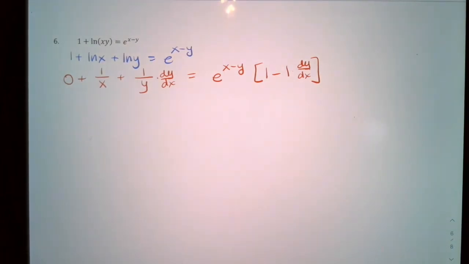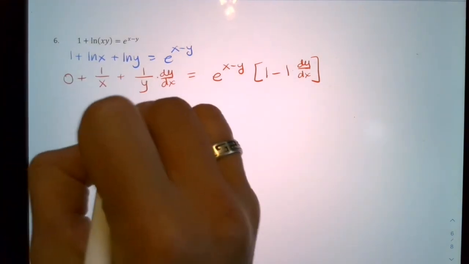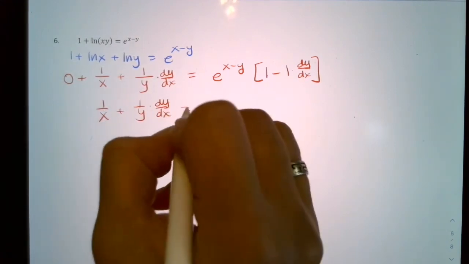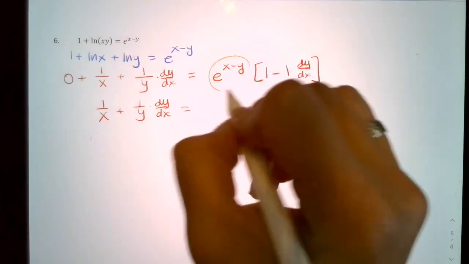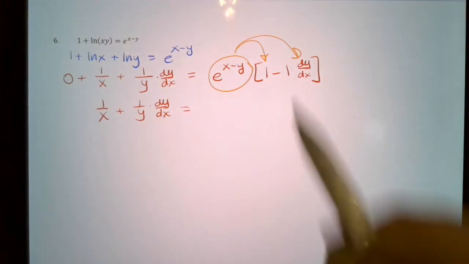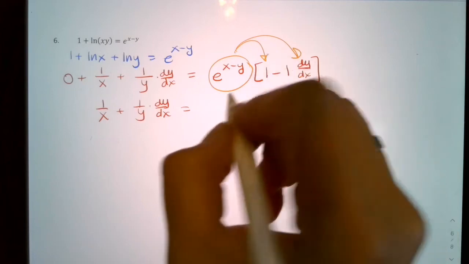Now, I'm going to play around with this. So I don't need the 0 there. That's silly to rewrite. I'm not really doing anything fantastic over here on the left-hand side. However, I do want to notice here that you have this one term multiplying a binomial. So let's go ahead and distribute so I can see these individual terms instead of being in that factored form.